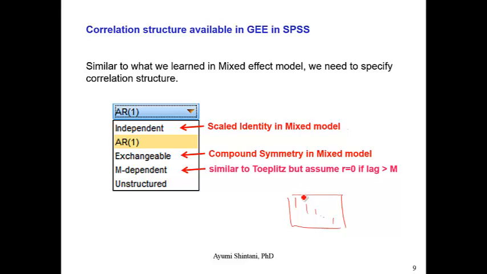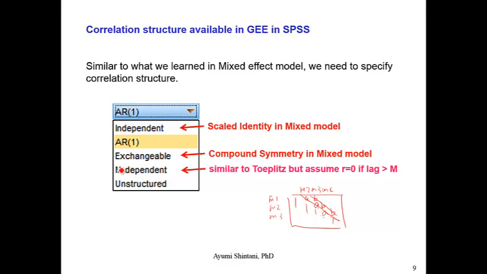Then correlation between measurement 1 and measurement 2 would be A, and correlation between measurement 2 and measurement 3 would also be A, and measurement 3 and measurement 4 would be A. So here it's the same, A. Then correlation between M1 and M3 will be B, and M2 and M4 will be B, and M3 and M5 will be B. It's the same.